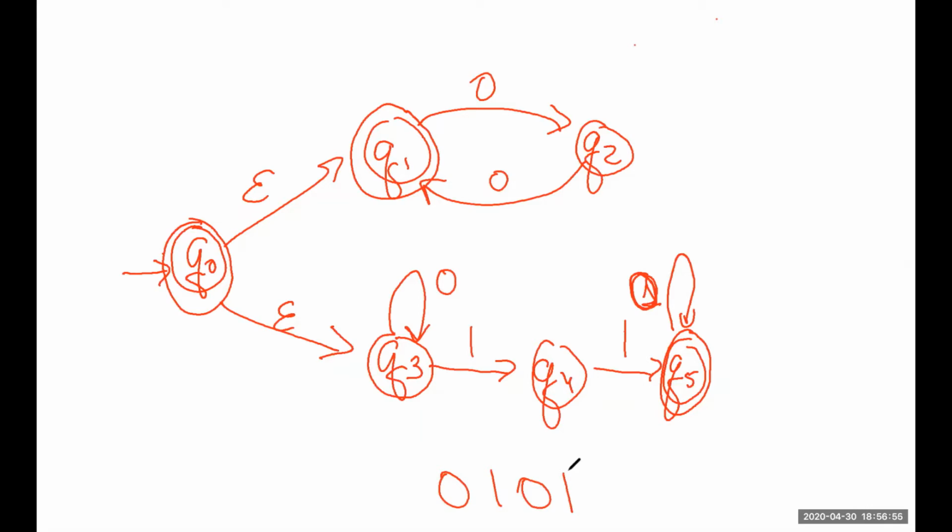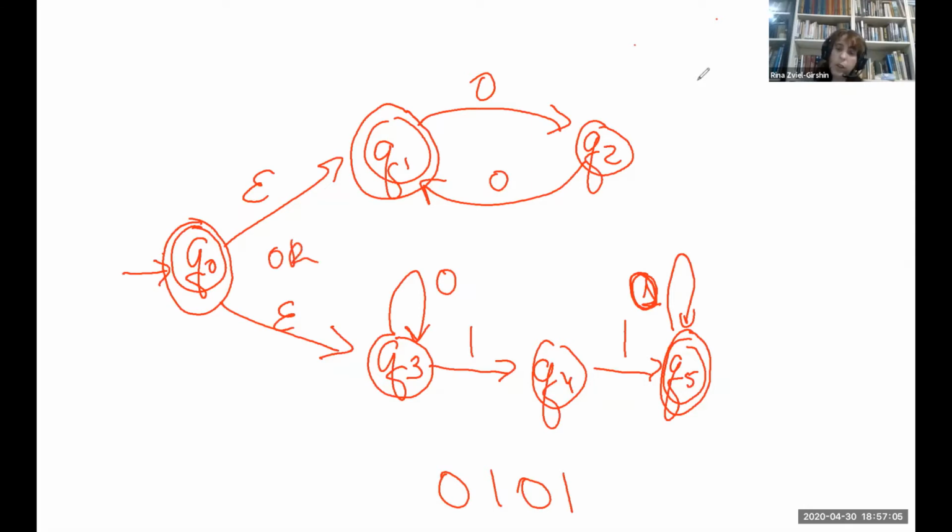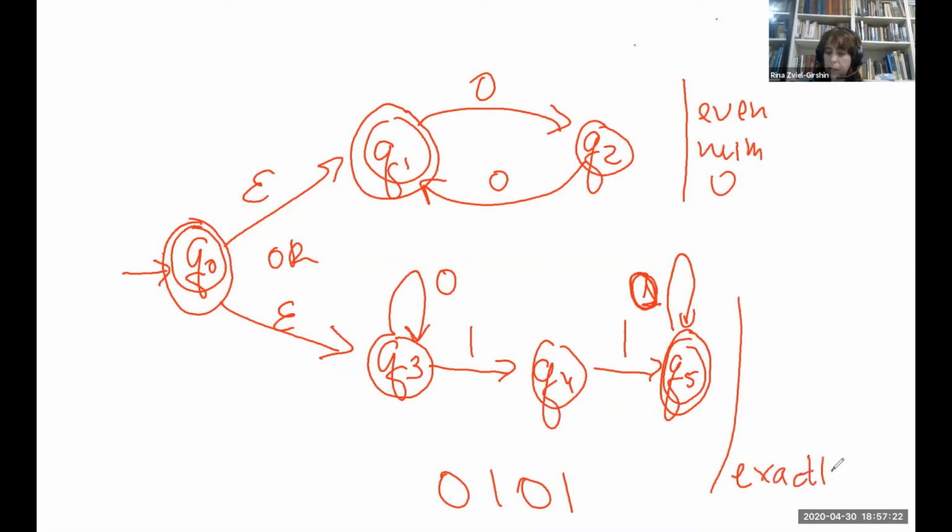Rina, why did you split it into 2 epsilons? What's the intuition to do something like that? Because it was or. So here I'm using the first part of or, even number of zeros, and here I'm building exactly 2 ones.